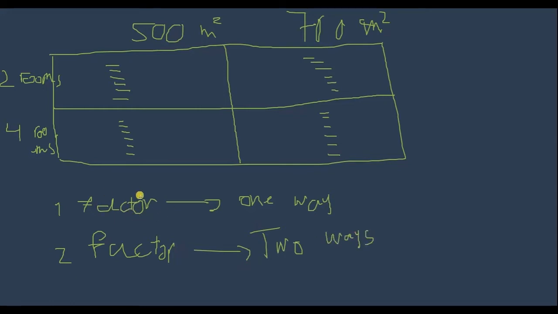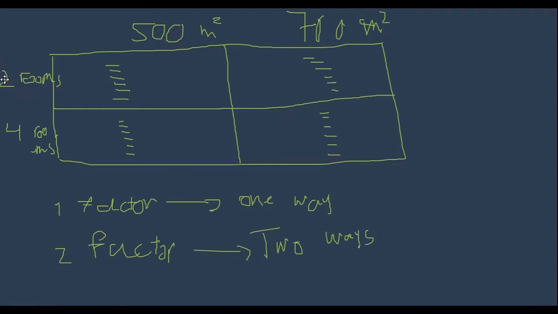Each of these factors has some levels. Like this, we have a factor named the number of rooms, and the levels here are 2 rooms and 4 rooms. We have another factor named the area, and the levels here are 500 square meters and 700 square meters. So those are the levels for the area, and those are the levels for the number of rooms. That's it.